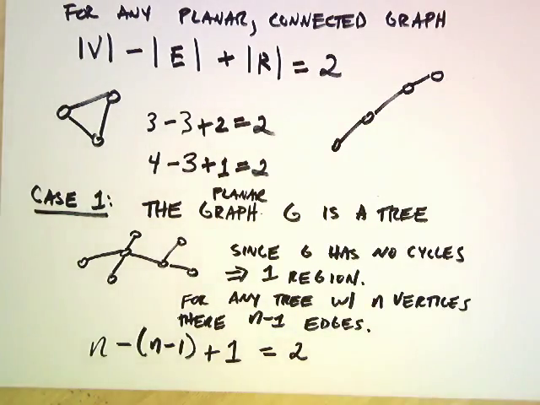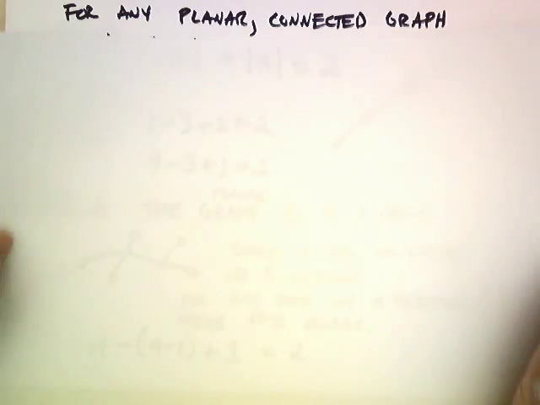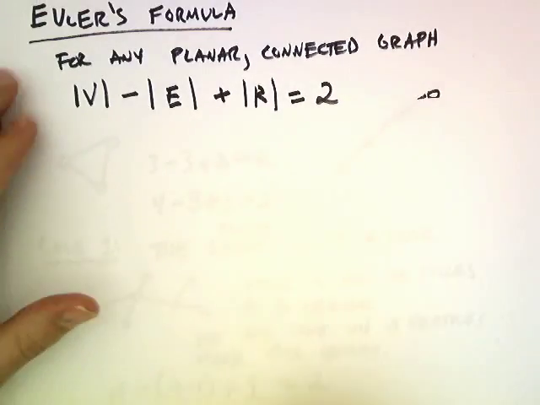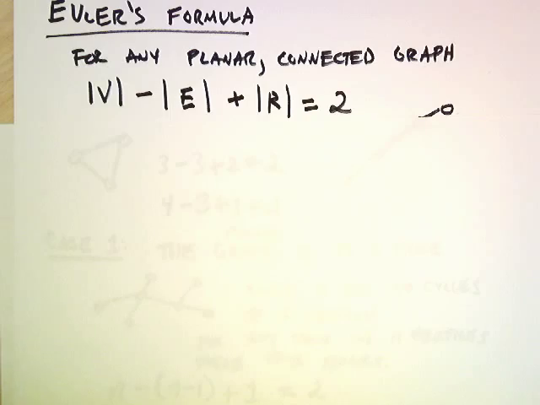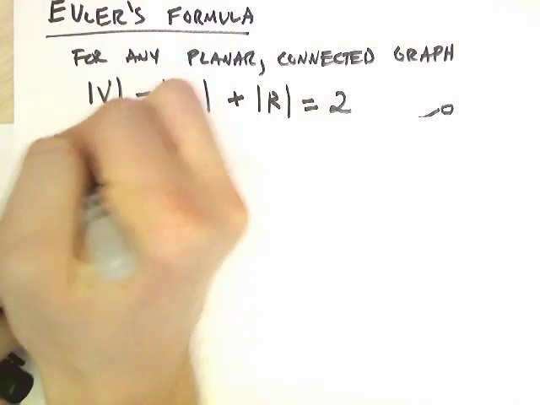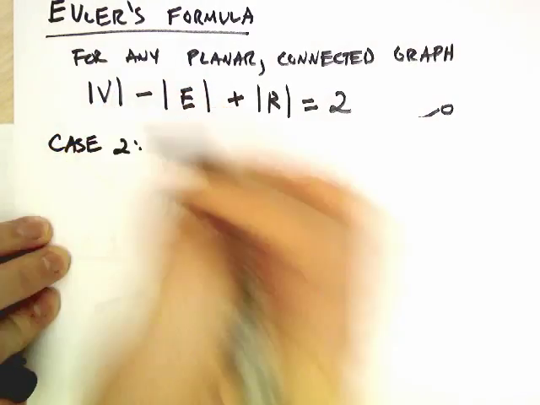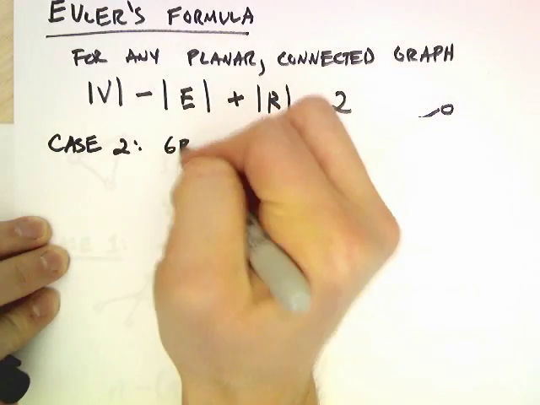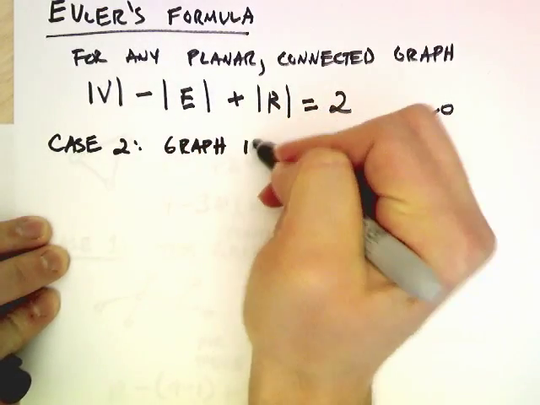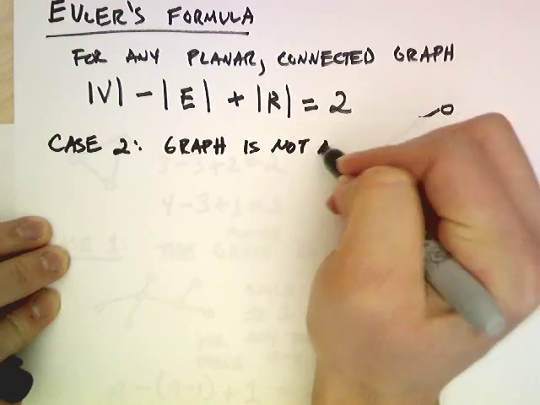Now we're going to prove the rest of Euler's formula. So case 1 was that the graph was a tree. Remember, this is what we're trying to prove. Let's do case 2. So the graph is not a tree.